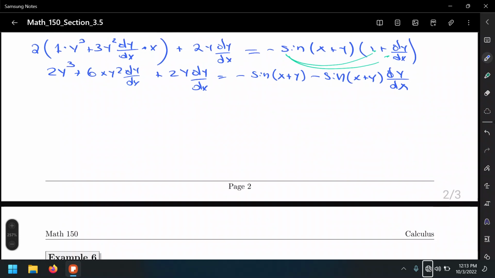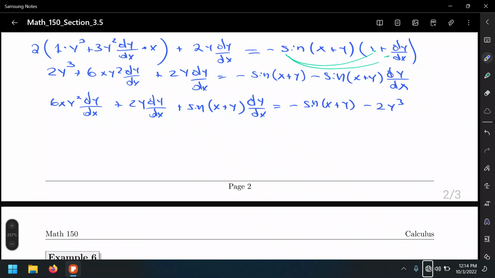So this will be 6xy squared dy dx plus 2y dy dx plus sine of x plus y dy dx, equal to negative sine of x plus y minus 2y cubed.